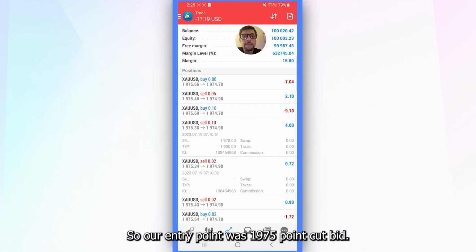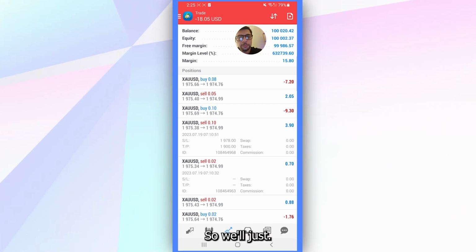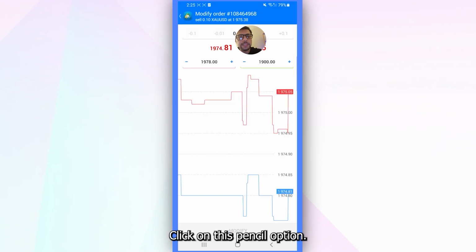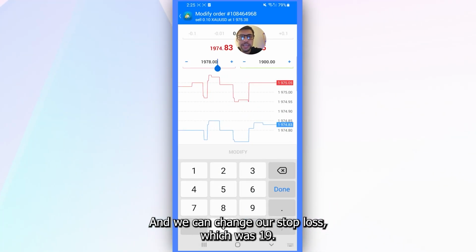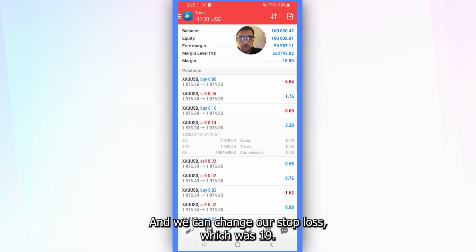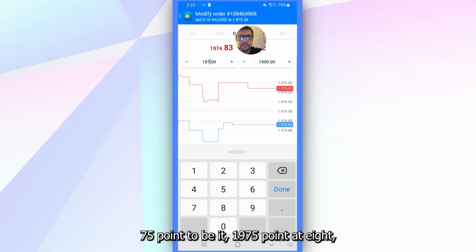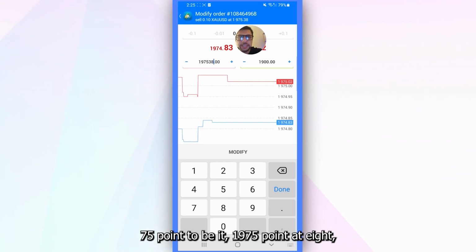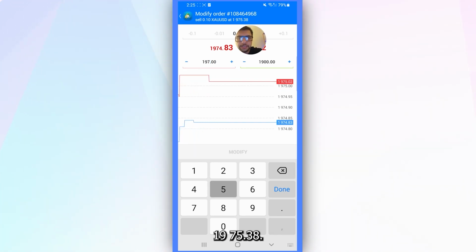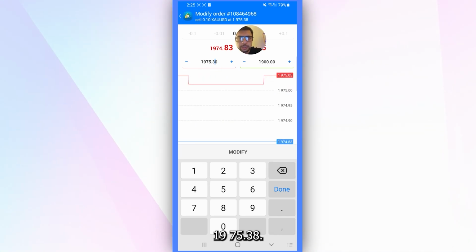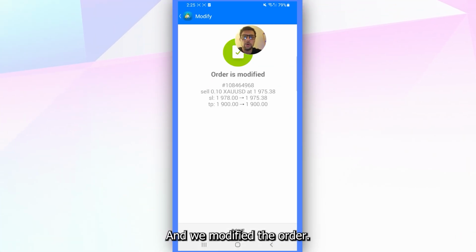So our entry price was 1975.38. We'll just click on this pencil option and change our stop loss to 1975.38, and we modify the order.